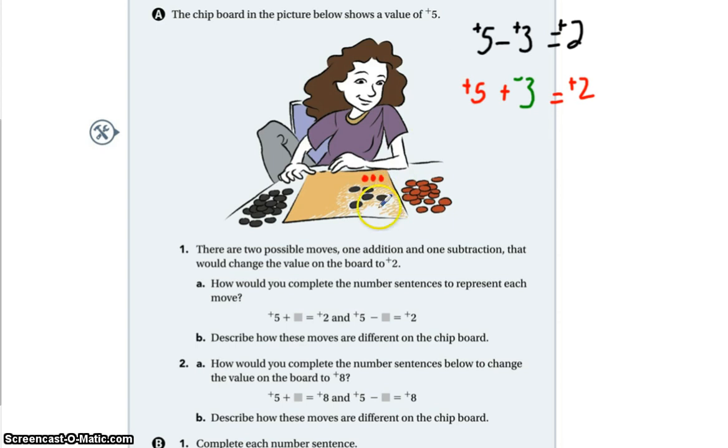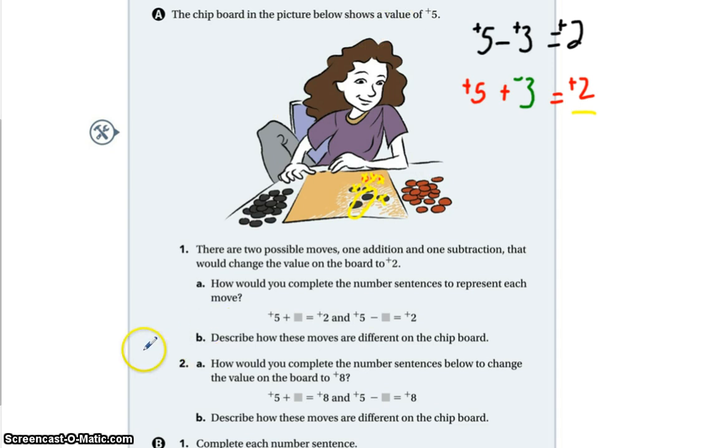And then those 3 red chips would cancel out 1 black chip for each one of our red chips, to where all that are left are 2 black chips, giving us the positive 2. All right, so that's how those moves are different. One, we'd have to add some red chips in and get rid of them. The other way, we would have to just simply remove 3 of the positive values.